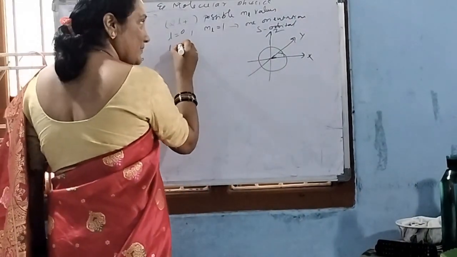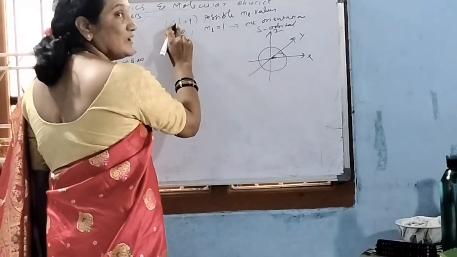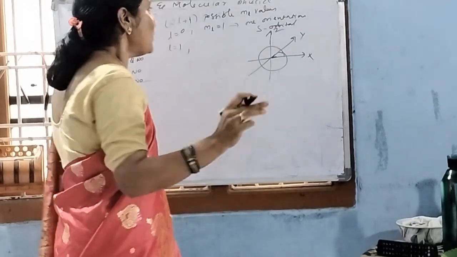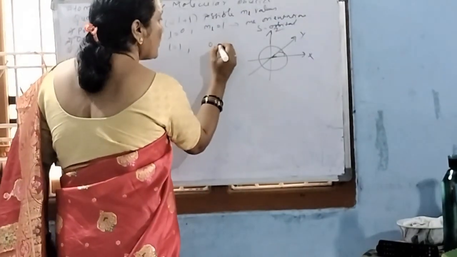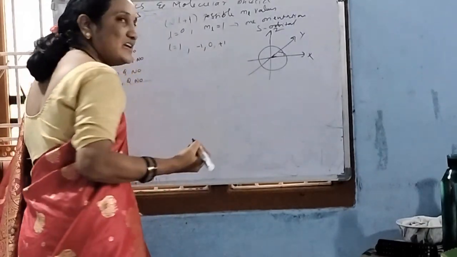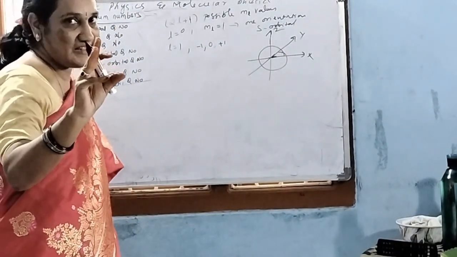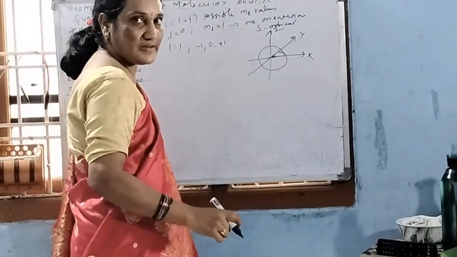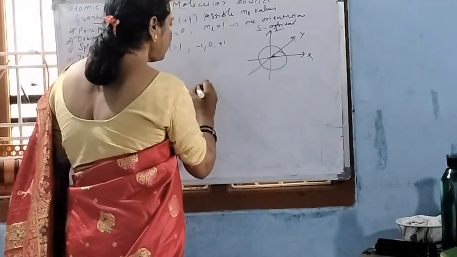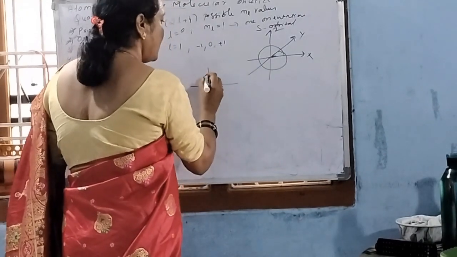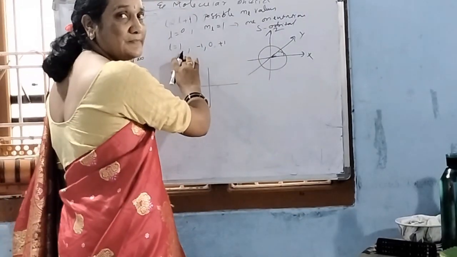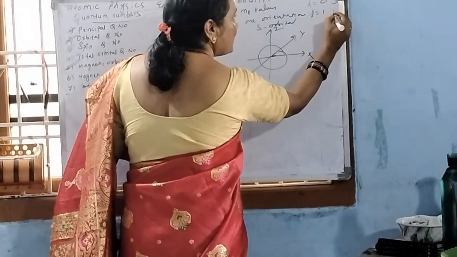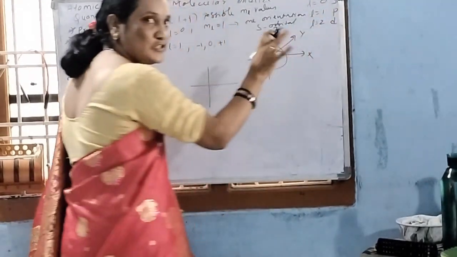Now next, for L equal to 1, if I substitute 1, what happens? 2 plus 1, 3. So 3 orientations are possible: 0, plus 1, minus 1. Here I will write L equal to 0 means s, 1 means p, 2 means d, and so on.